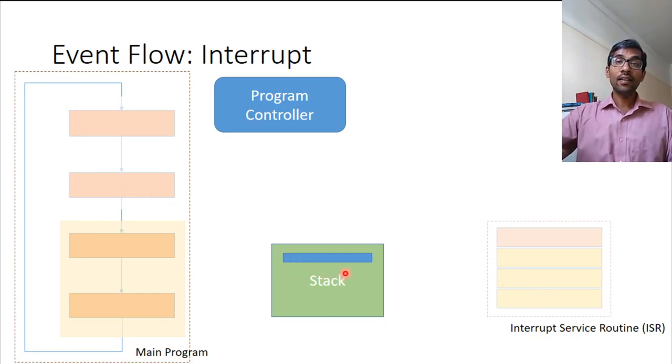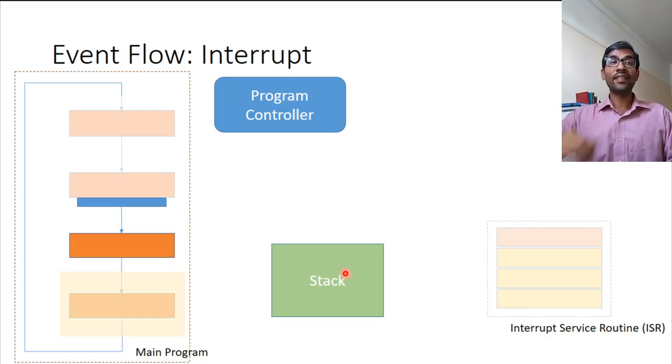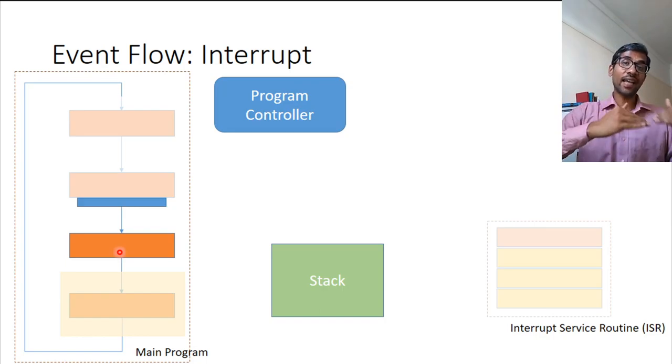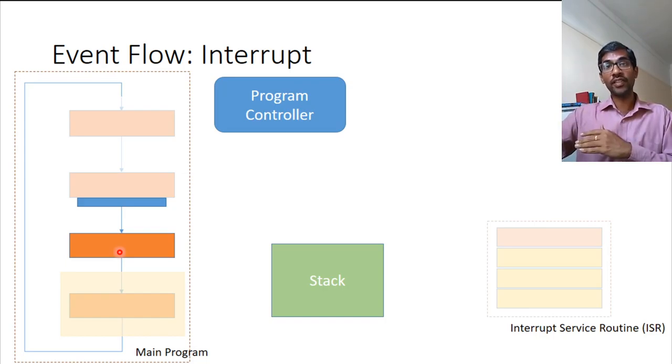I then bring back my environment or my context from the stack and then start executing the next command. So that's the way the interrupt service routine would work. Does that help you to understand what is going on here? How we are able to start at exactly the same place where we left off before we went to execute the interrupt service routine in a microcontroller.